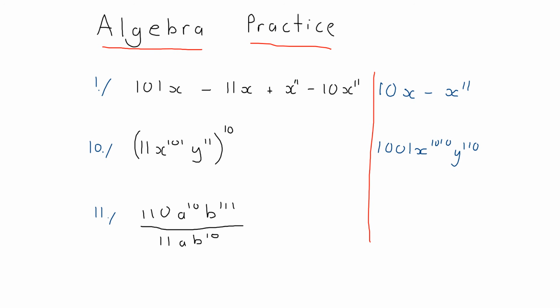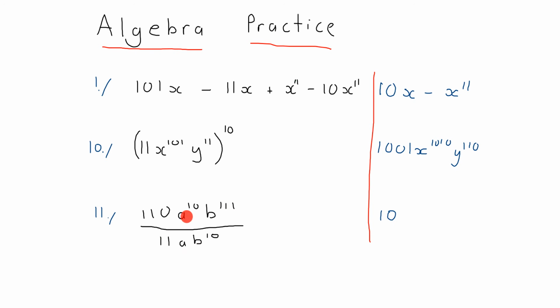Okay, the last question we've got here, and obviously we've got 6a squared b to the power of 7 over 3ab squared. So what we're going to do is we're going to simplify it. We simplify the numbers first, so 6 over 3 is just going to be 2.